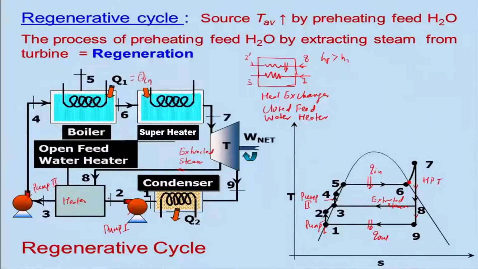For the closed one you need another pump, but the advantage with the open feed water heater is that the effectiveness with which heat exchange takes place will be 100%, very high.